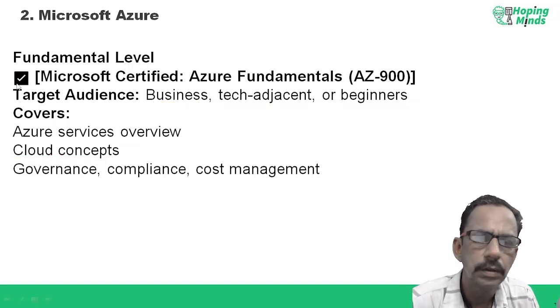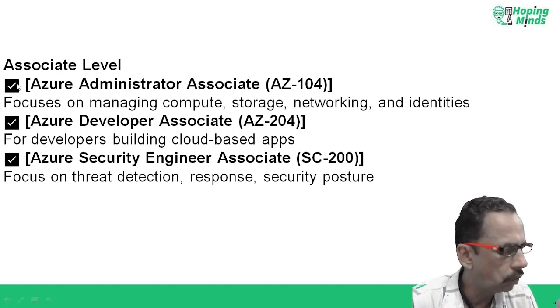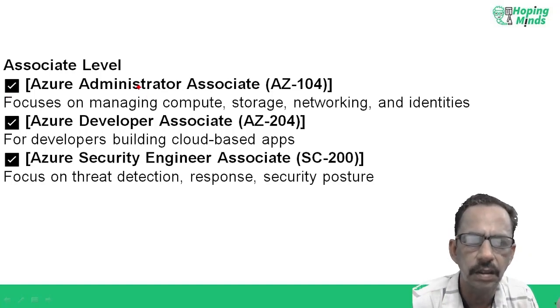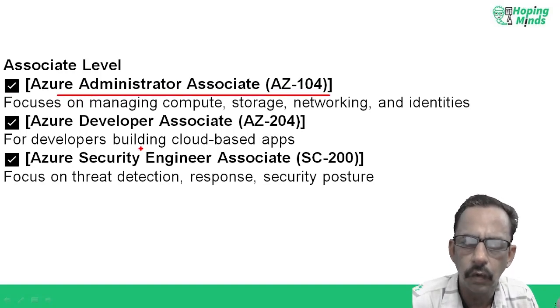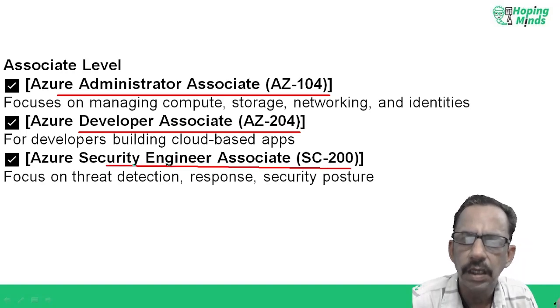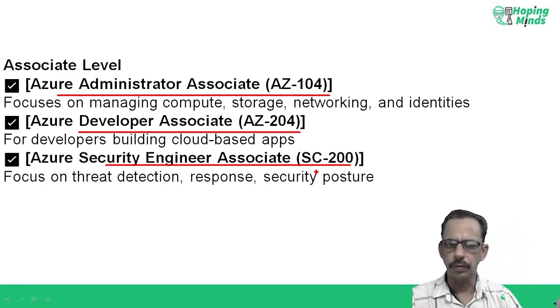Got the point? After that, you can go to many other exams. Same thing, like Administrator Associate AZ 104, Developer Associate AZ 204, and Security Engineer Associate SC 200 exam code. You must keep in mind these exam codes.